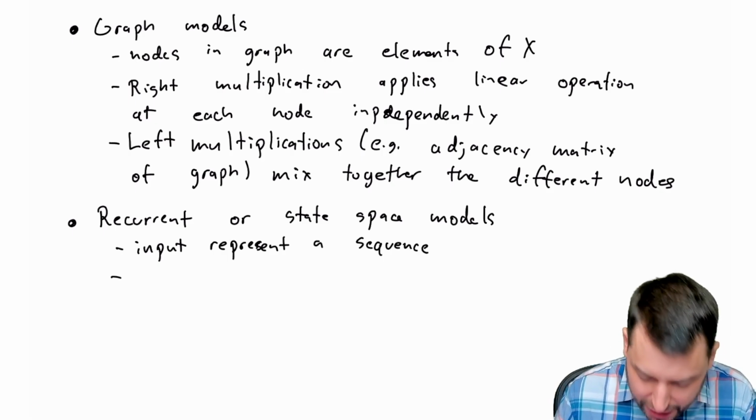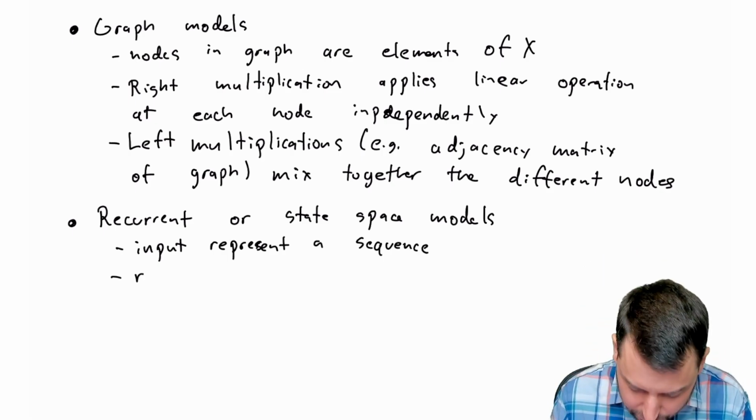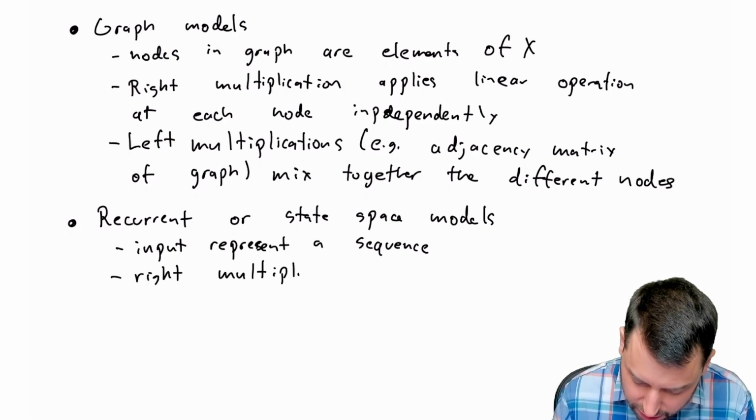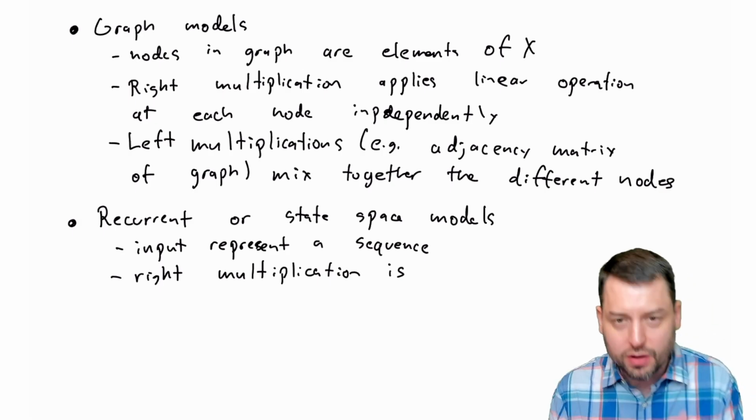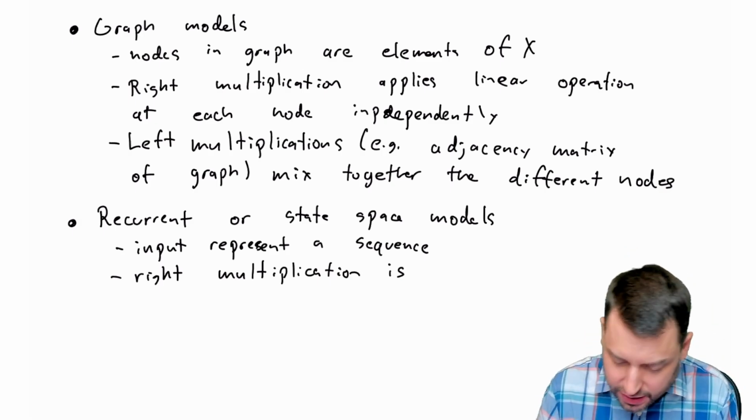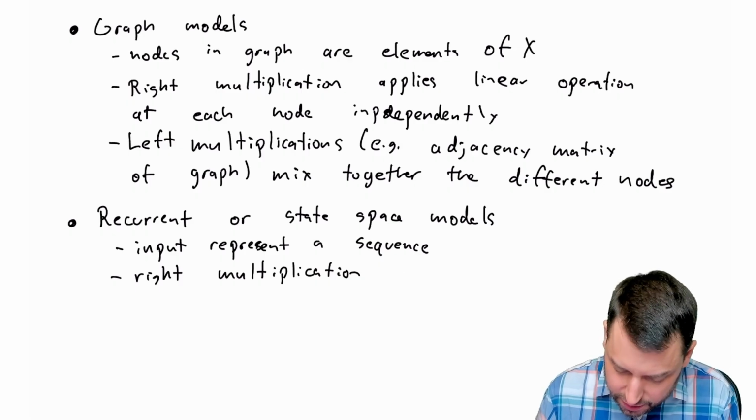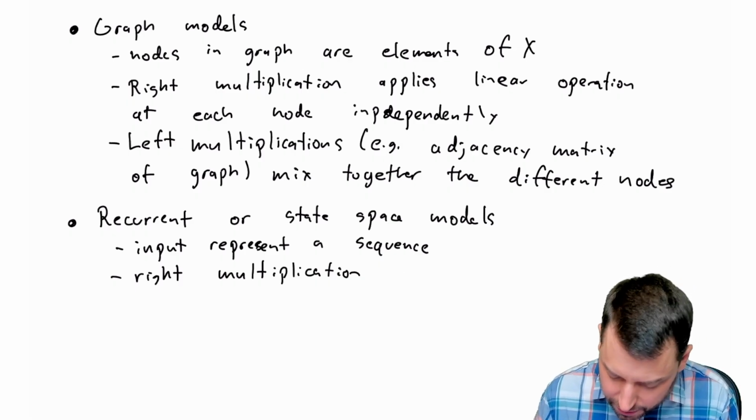Usually the right multiplication is, again, just linear, and transforms each sequence element.